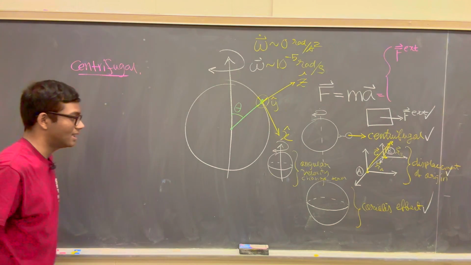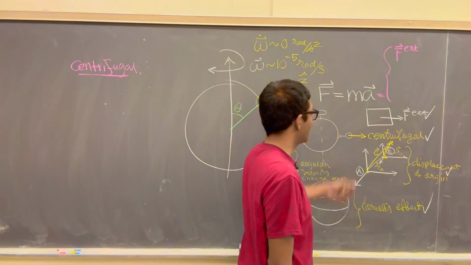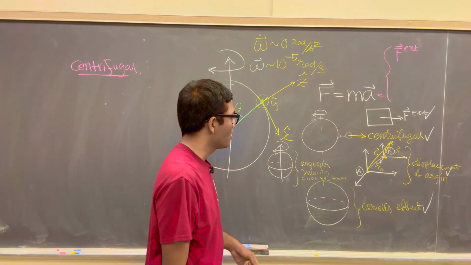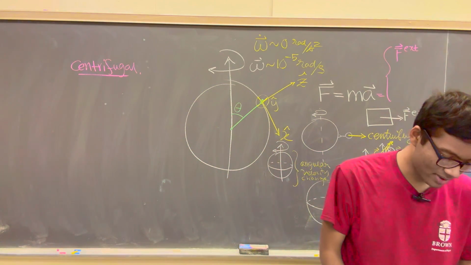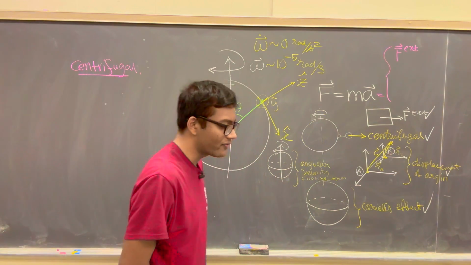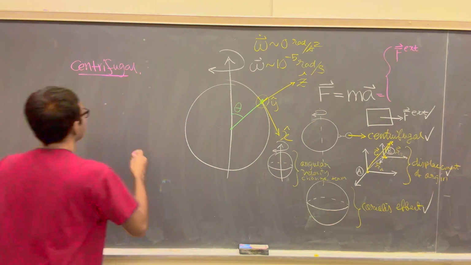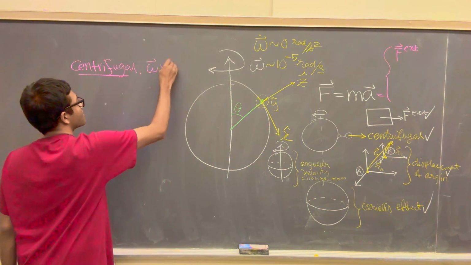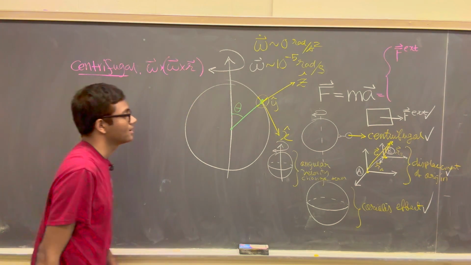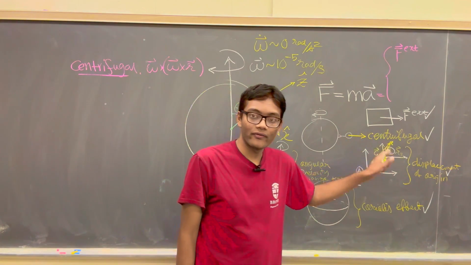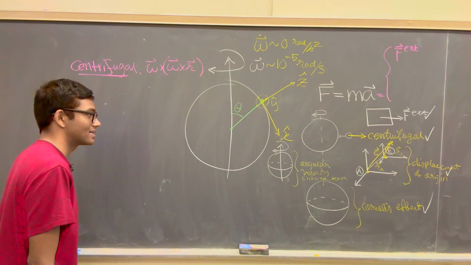What appearance does it have in the rotating reference frame for Newton's second law? I always mix these two up. So, the centrifugal force has the appearance of omega cross r. That is how the centrifugal force term looks in Newton's second law.